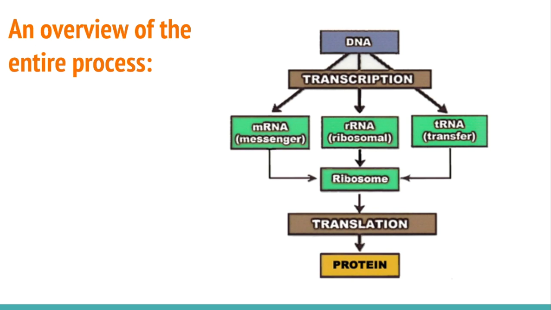So here is an overview of the entire process, starting with DNA, going to transcription into mRNA, which we talked about, and tRNA, which we talked about, and those both go to a ribosome to be translated into amino acids and finally proteins.